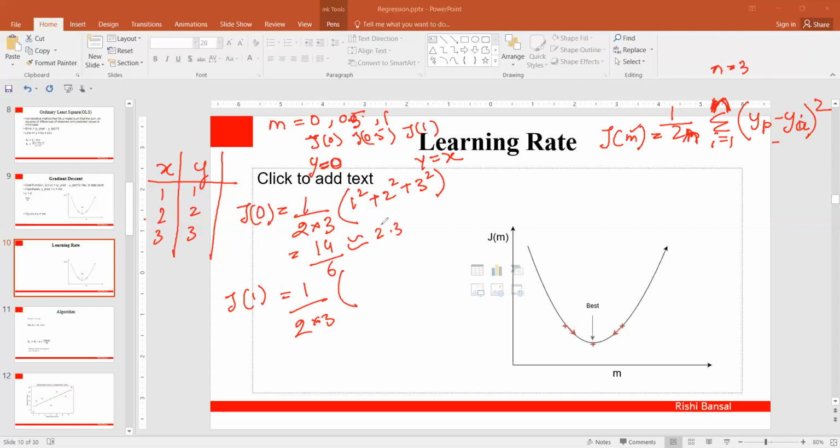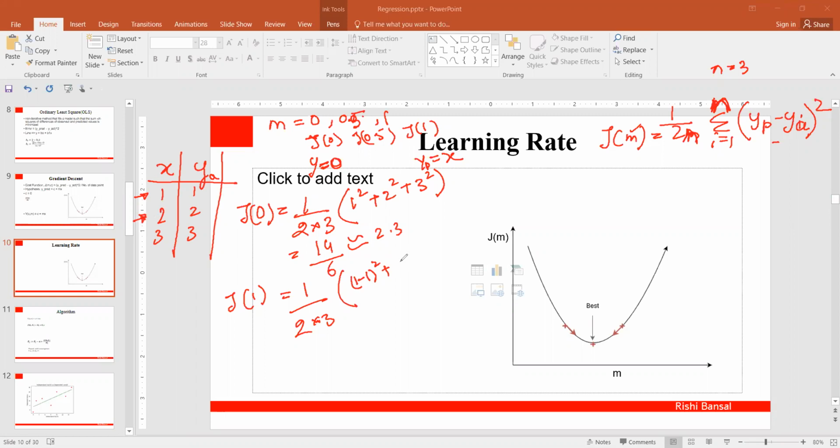If this is your y equal to x, so if your x is 1, what is your y predicted value? 1. And what is your actual value? It's also 1. So 1 minus 1. Now for the second point, 2 minus 1 square.